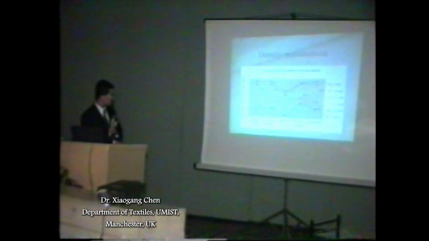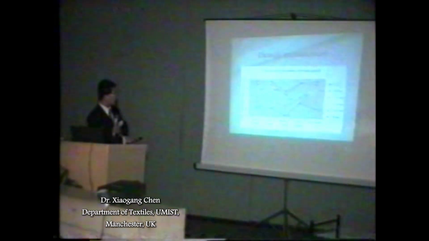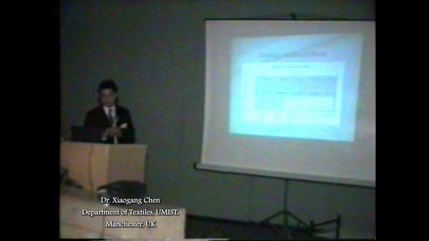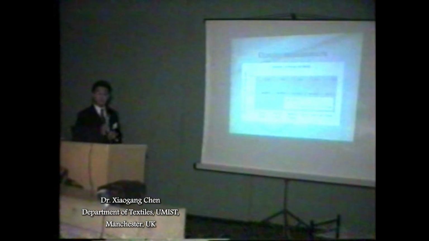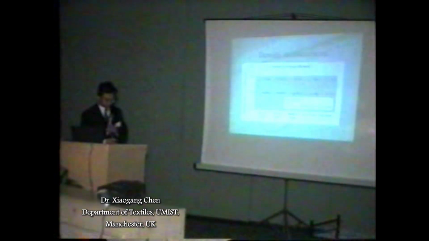We have 5 different stages: before the profile, start of the profile, middle of the profile, end of the profile, and after. As you can see, the weft density changes from normal, goes down, and then back to normal again. While that's the weft density situation, on the warp density, not surprisingly, there's no substantial change.